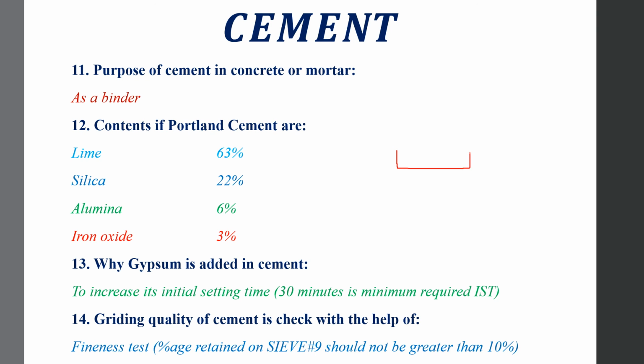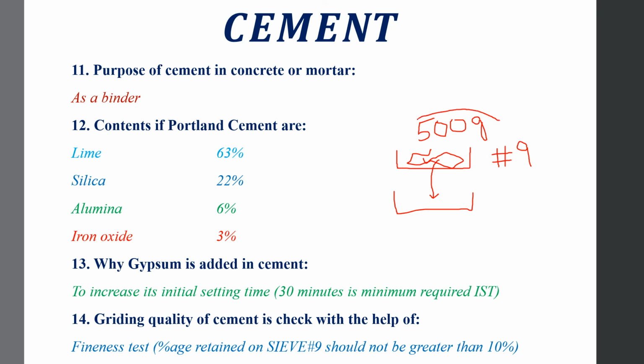Say you have a sample of cement, and this is a sieve number 9. You will take a number 9 sieve, you will put 500 grams of cement in this sieve like this, and there will be a pan. When you sieve this material by shaking it horizontally and vertically, or at some inclination, there will be some material left behind.